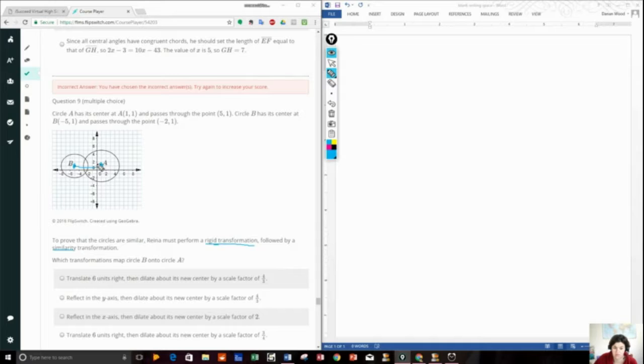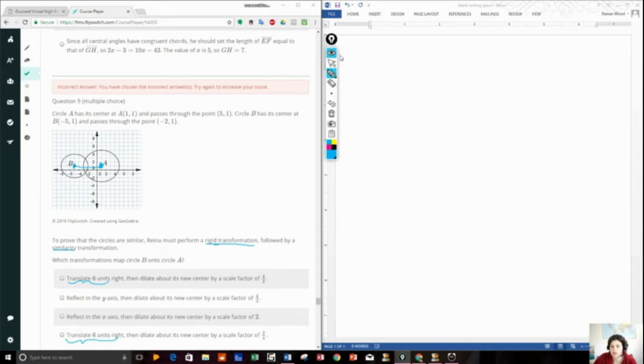That would land it at the center point of A. So that is what we would do for our rigid transformation, is to move it 6 units to the right. So then we need to check the scale factor of 4/3.